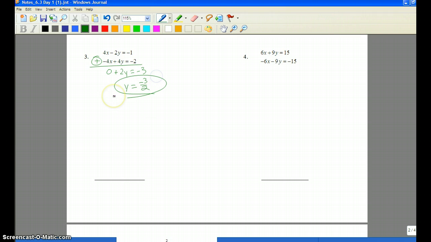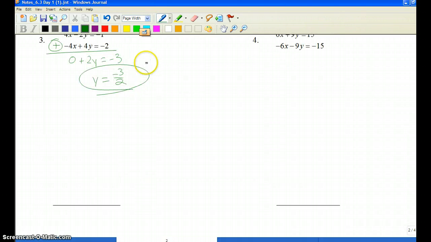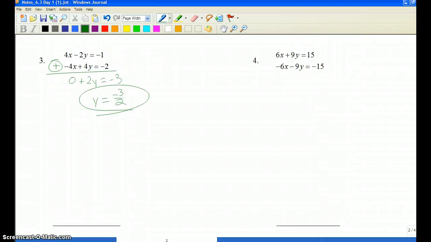What do we do after that? Same spot as substitution, where we take it and substitute it into one of the originals. You want to do the first one or the second one? It doesn't matter. You do whichever one you think is easiest. I think the first one winds up being easiest. So we take that value for y and substitute it in there for y.